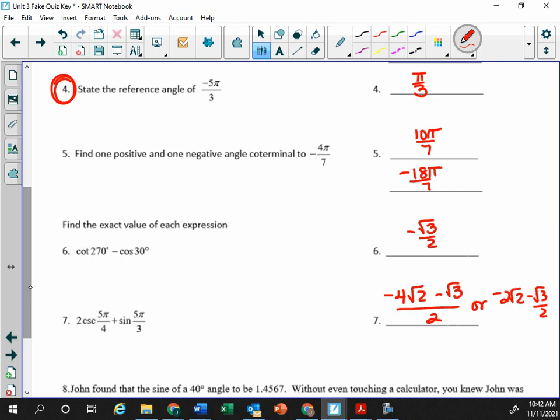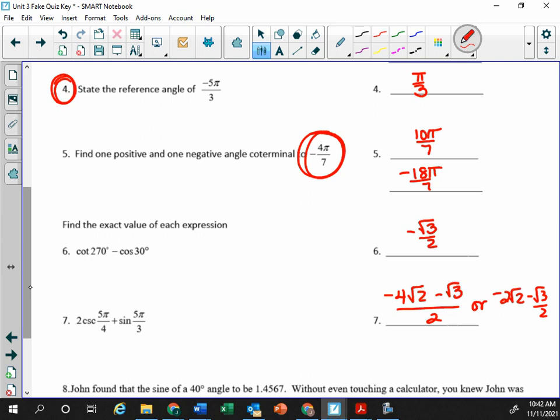I would not do that. If this is given to you in radians, I want answers in radians. So your answers were in degrees? Yes, I would take points off. Yep, if it's given in radians, I want radians.